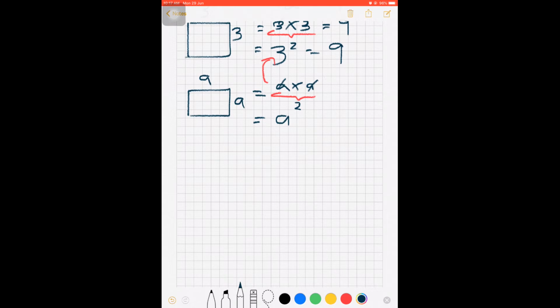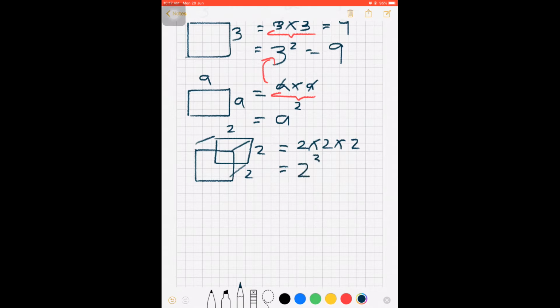Okay, so it's the same thing for cube. Kalau cube pula, cikgu lukis cube. Okay, sini let's say 2, 2, 2. Okay, so what's the volume? It's 2 times 2 times 2, which equals to 2 cube. 2 kuasa 3 sama dengan 8. Betul tak? Yes.